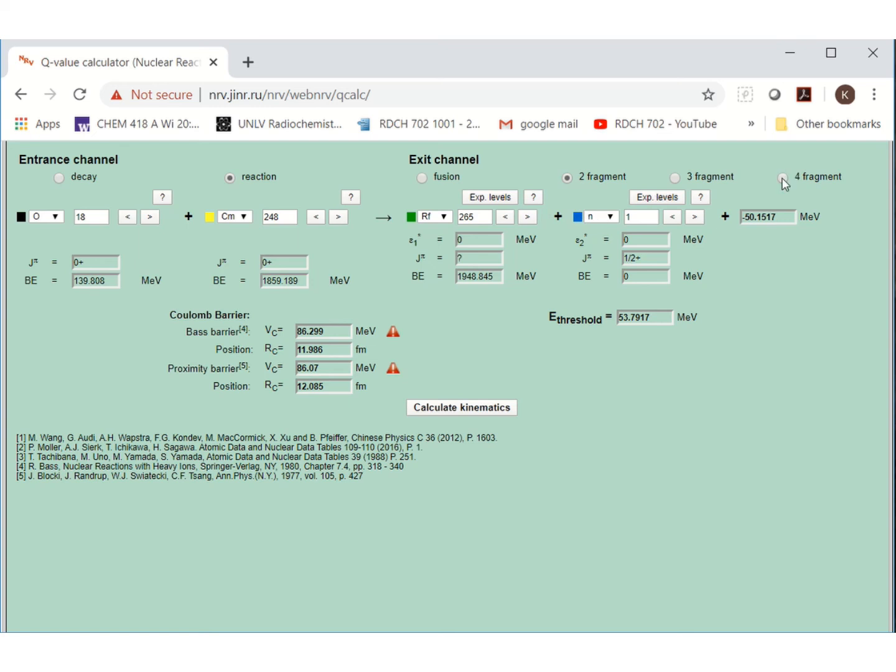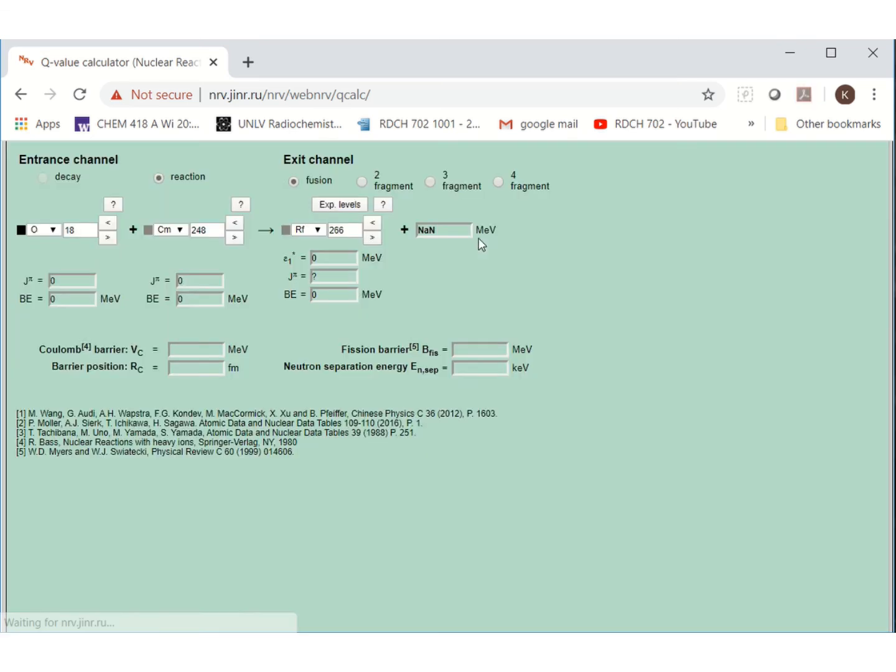But here I don't have enough fragments to run this, because each neutron in here is considered a separate fragment. But I could go to the fusion, and I can tell you that to make rutherfordium 266, this would be the Q value. You need to add a little bit more energy, but we'll describe that for the reactions.